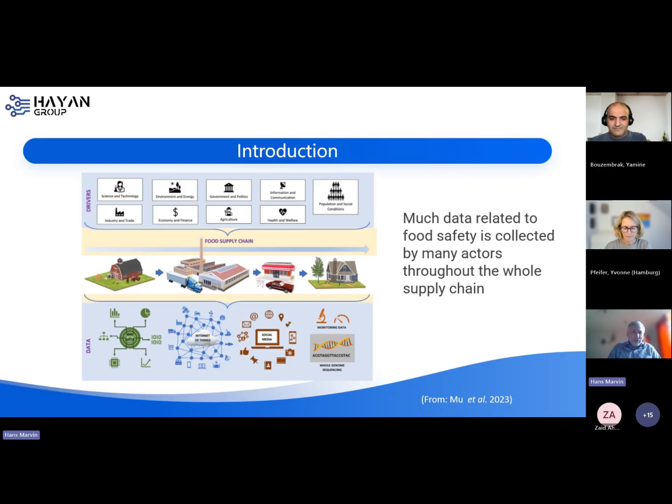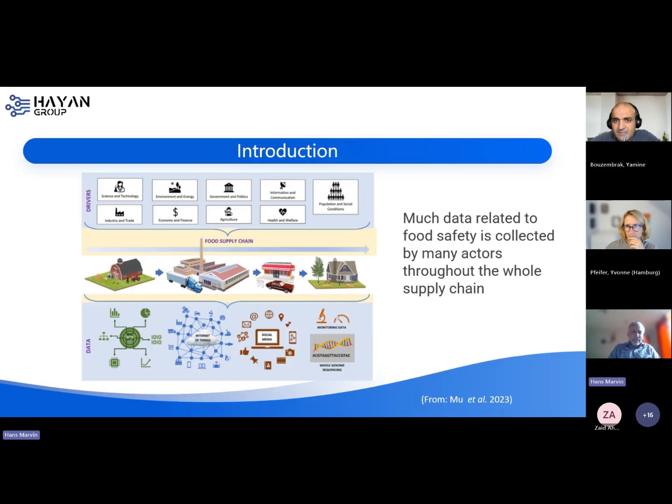There are many drivers. On the top, you see many drivers that have a direct or indirect effect on the performance of the food supply chain. Drivers such as science and technology, the industry and trade, environment, energy, and so on, and governments. All of these drivers have an impact directly or indirectly.